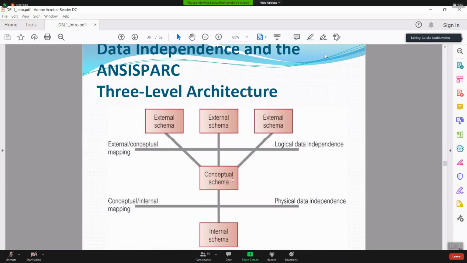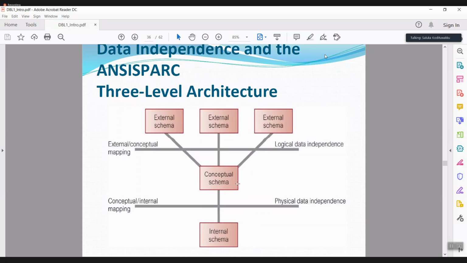That modification is there. Now also think about the conceptual schema. Initially, when we store a particular entity, say the student entity, we stored the age attribute as one of the characteristics. The external schema of the application is written by looking at the age value, but later the age characteristic is changed to date of birth, or the other way around.